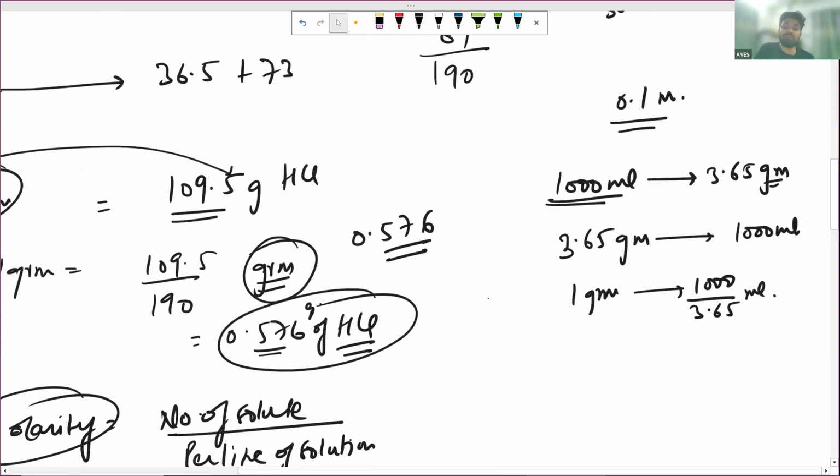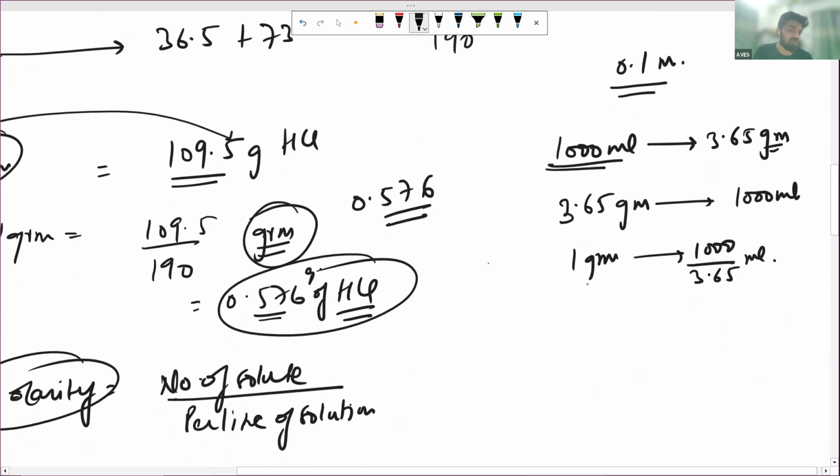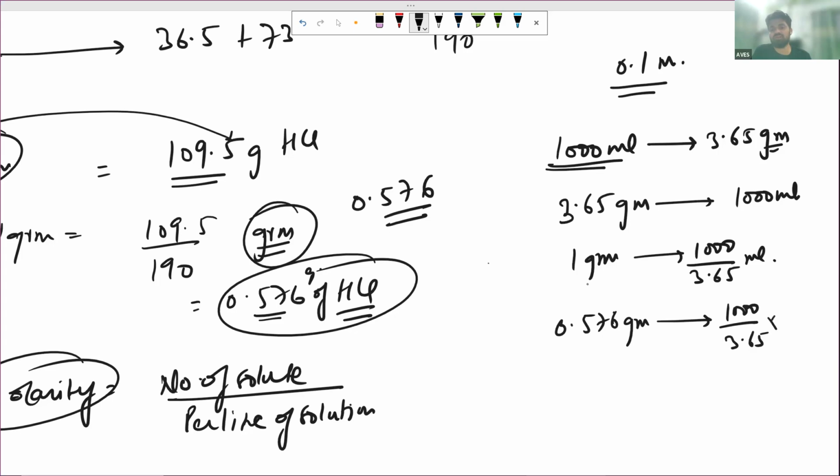But you don't need even 1 gram, you need 0.576 grams of HCl. So you multiply 1000 by 3.65 into 0.576 grams, and you will get approximately 157 or 158 ml of solution.